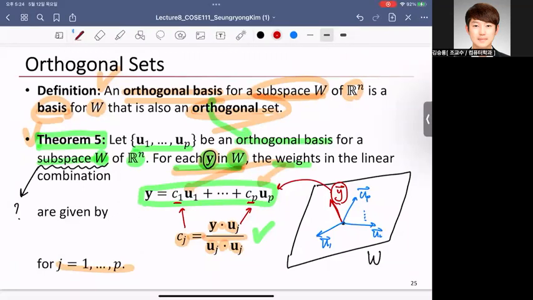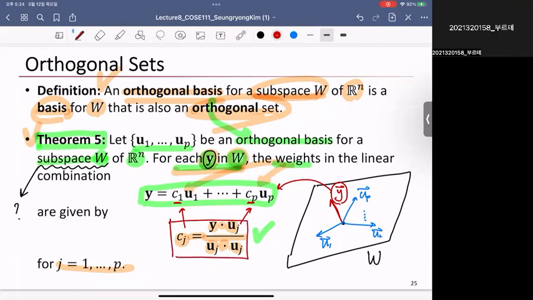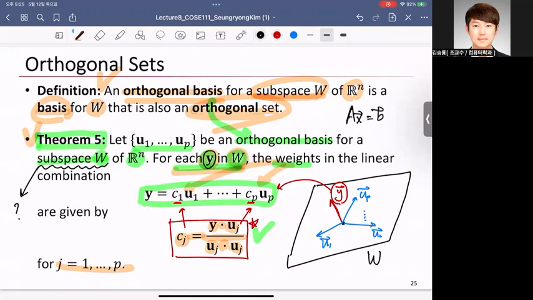Then the question is, what is the meaning of this? How can we use this kind of property to solve Ax equals b? First of all, let's go back to the midterm exam.